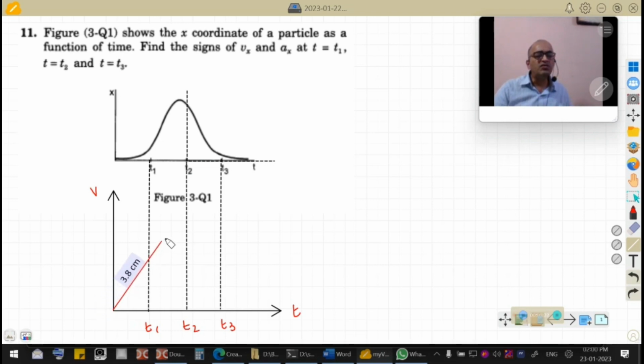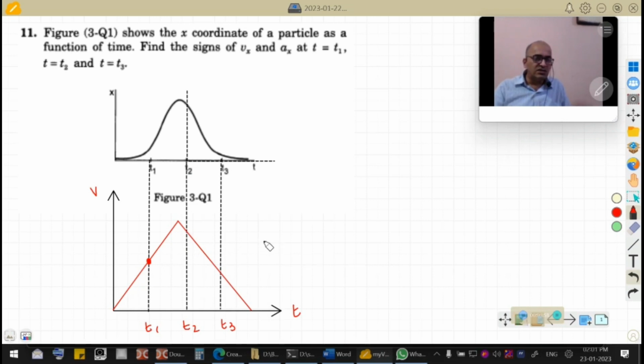So just before T2, I am making the velocity increase, and after that I am making the graph like this, velocity decreases, and finally it becomes 0 somewhere here, flat.